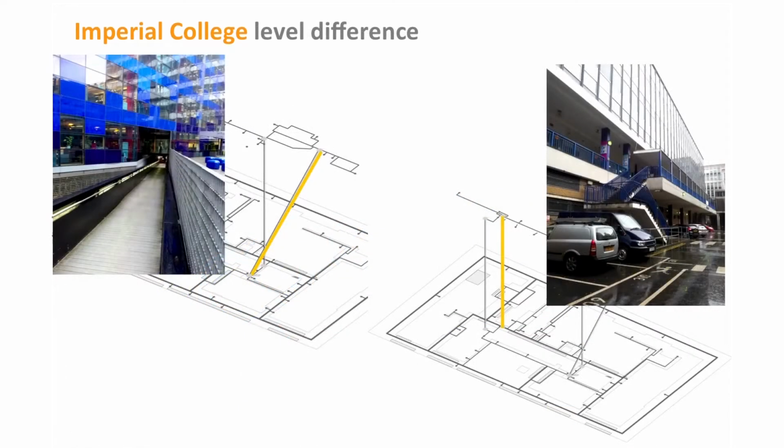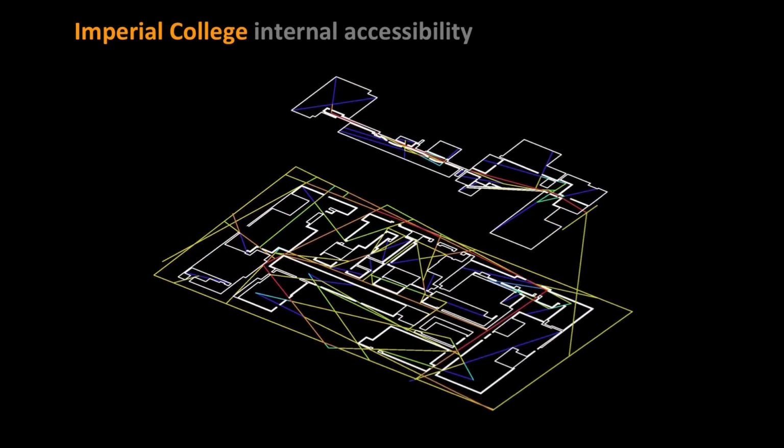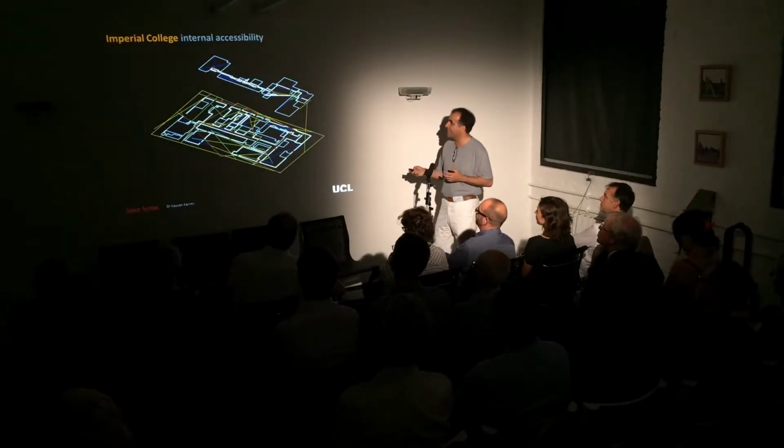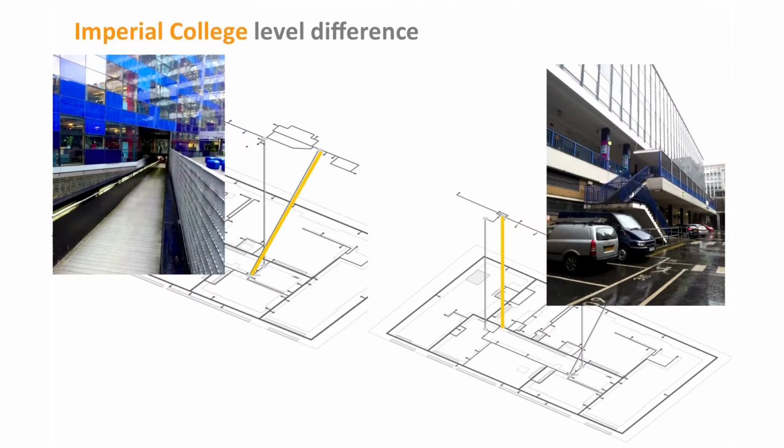They looked at issues such as level difference, which is a big thing in Imperial College. And they used this type of analysis to see what's going on. And they found that they have a very interesting, very well configured ground floor, but the ground floor is not allocated to proper users.